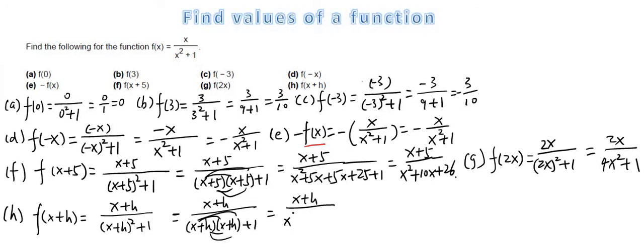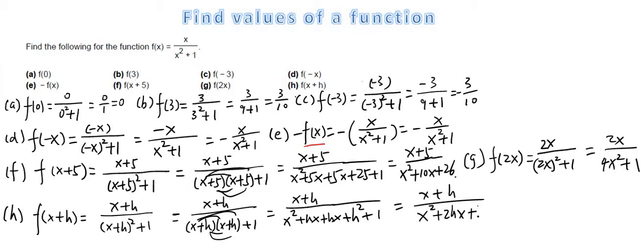We have x squared plus hx plus hx plus h squared plus 1, and we can simplify it. We have x squared plus 2hx plus h squared plus 1.